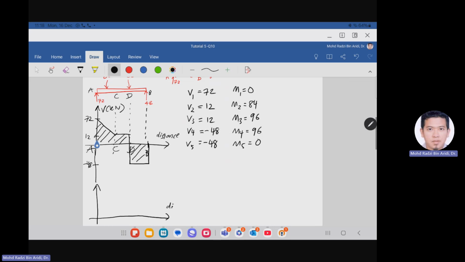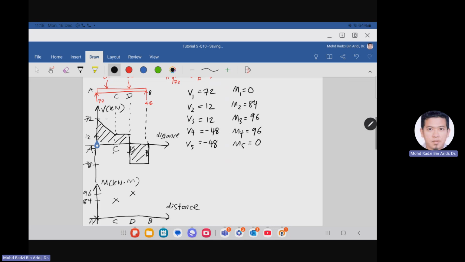And then this will be the distance, M in kilonewton times meter. So at point A, at point C, at point D, at point B. At point A will be 0, and then point C becomes 84. Let's say this is 84. And then one more, 96 at point D.